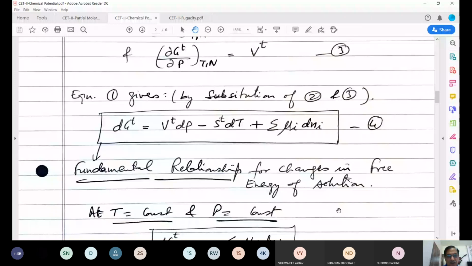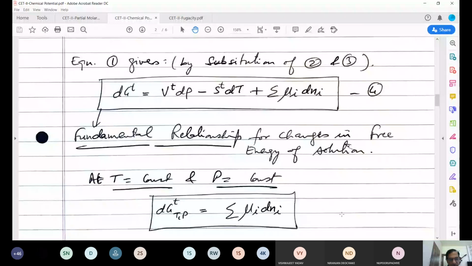So dG_T at constant temperature and pressure is nothing but summation of mu I dn_i. Any doubts on this? Because we are going to use this continuously. This is our starting point for all phase equilibria and chemical equilibria.